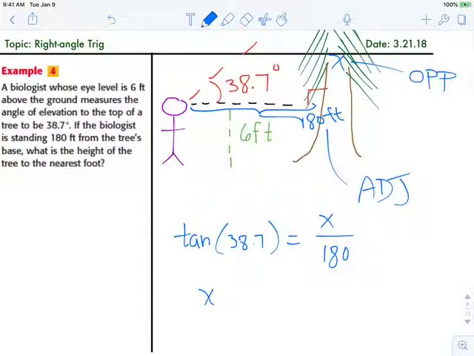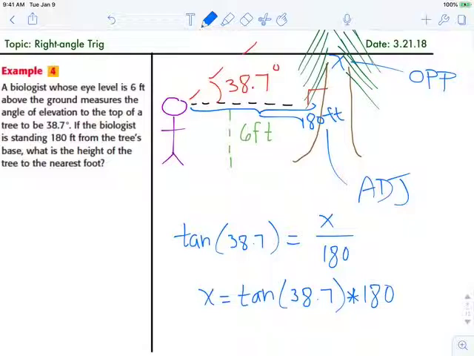So that means x equals tangent 38.7 times 180. And what'd you get for that? 144.20. Yeah, if you round it to the nearest hundredth, 144.21 plus 6 feet. So we should have got 150.21 feet tall.